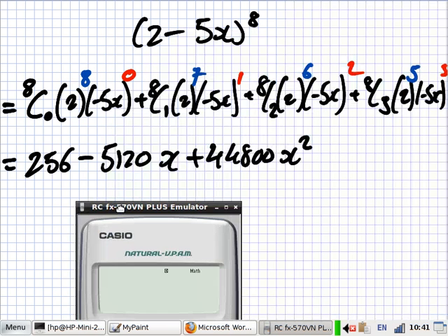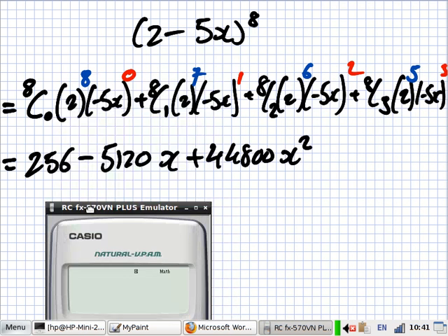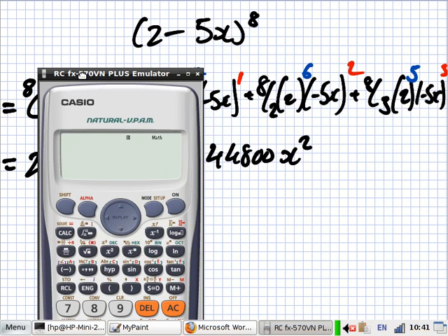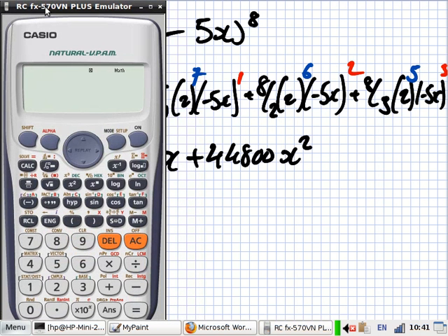I can't trust that answer from the calculator because I don't know if it's rounded the answer off. I'll have to type in the last one. 8 shift C 3 times 2 power 5 times minus 5 power 3. So 224000.